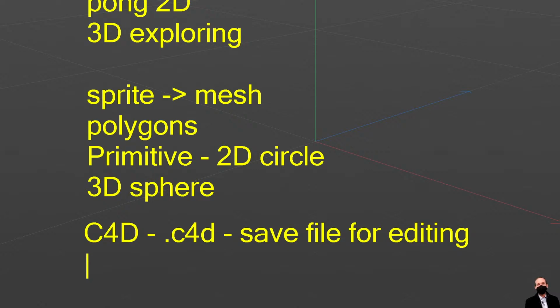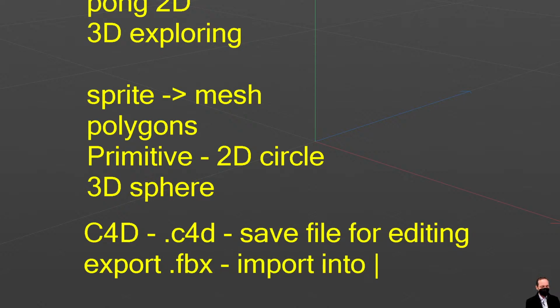But you exported the PNG to bring into Unity. The conversion here is that you'll save your .c4d files and you'll export FBX files. That's what comes into Unity as the mesh format. So conceptually, exactly the same. There's a working format, your .c4d, and then there's a transfer format, your .fbx.